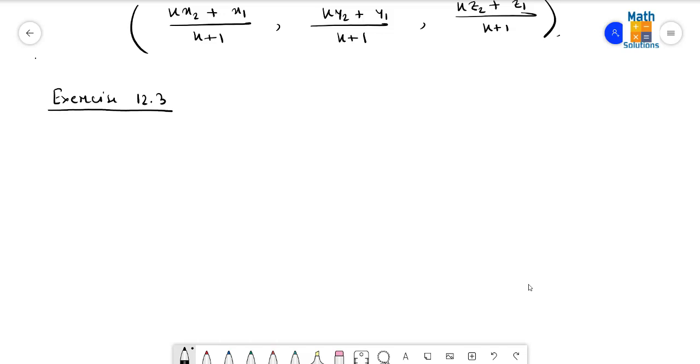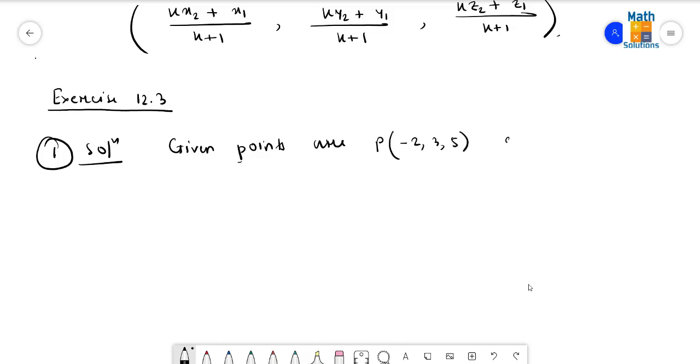Here I am writing the solution directly. Given points are P (-2, 3, 5) and Q (1, -4, 6).